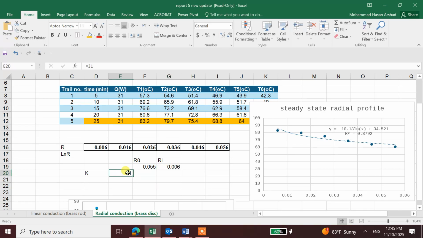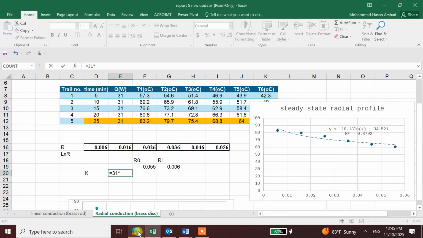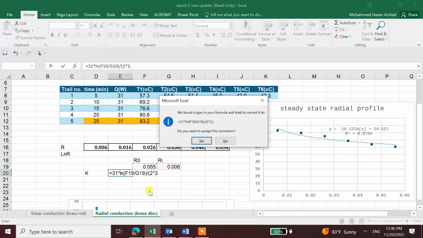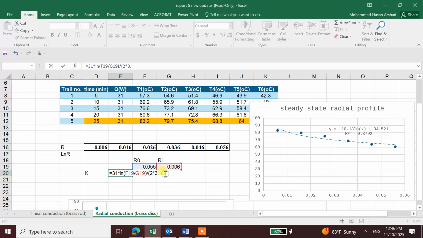So k is Q times ln r o divided by r i, times one over 2 pi, 3.14, times the length.